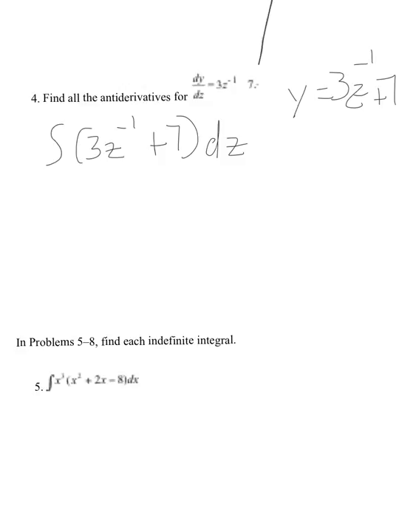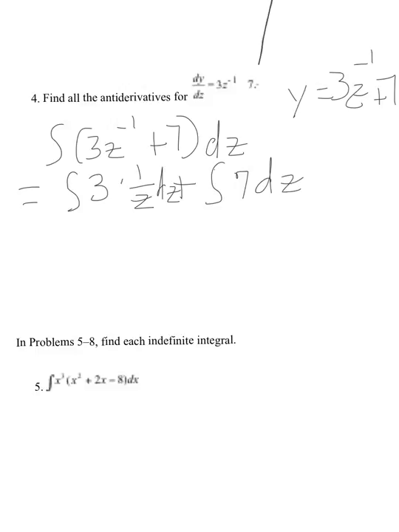Instead, I've got to recognize this would be the same thing as, and I'm going to rewrite it to see if this looks a little bit more familiar, 3 times 1 over z. That would be the first term we're going to integrate, plus our second term is 7 dz. Because we're going to integrate term by term.